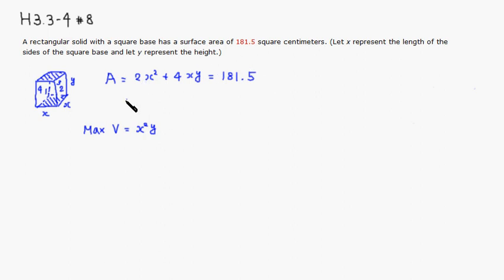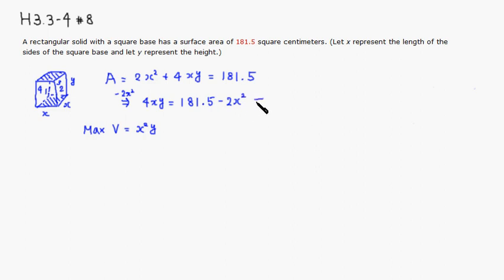First I'm going to subtract 2x squared from both sides, so we have 4xy is equal to 181.5 minus 2x squared, right?